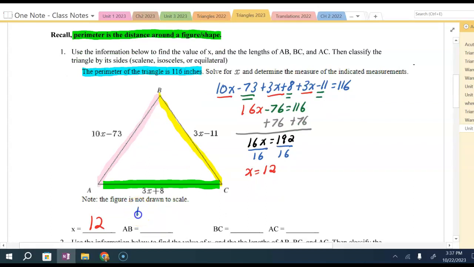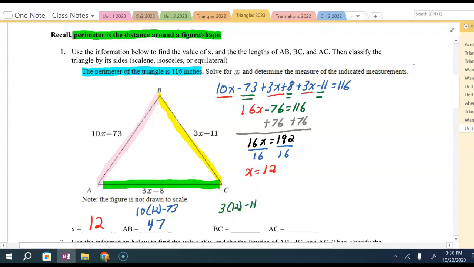So now we want to find the lengths of each side. So AB is 10 times 12 minus 73. Typing that in my calculator, I'm going to get AB to be 47. BC is 3 times 12 take away 11.